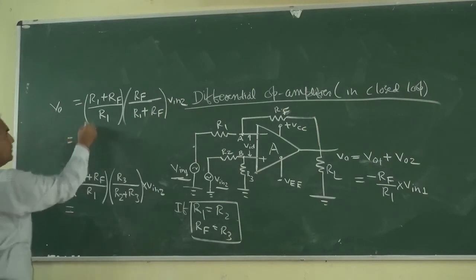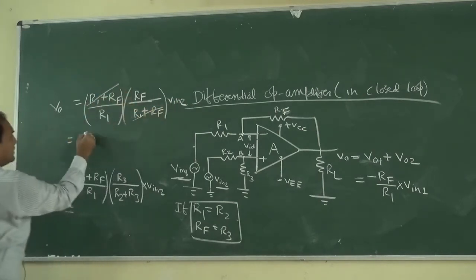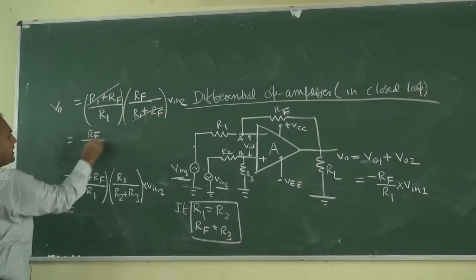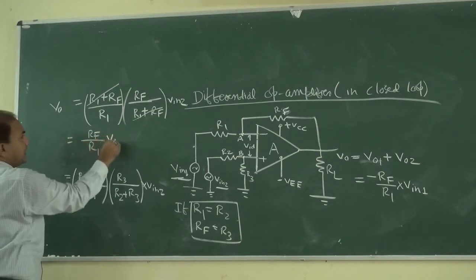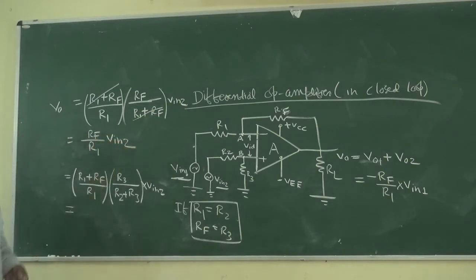So this will be cancelled out, and it is equal to RF by R1 into V in 2.